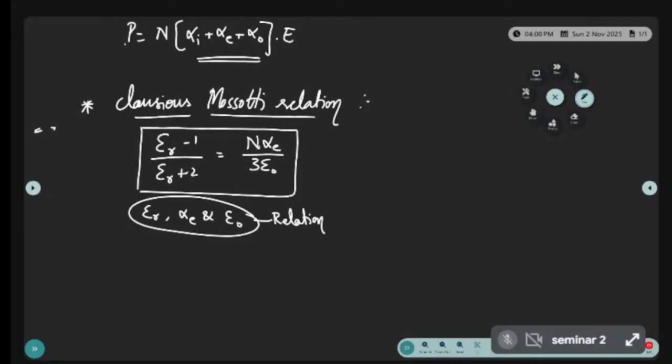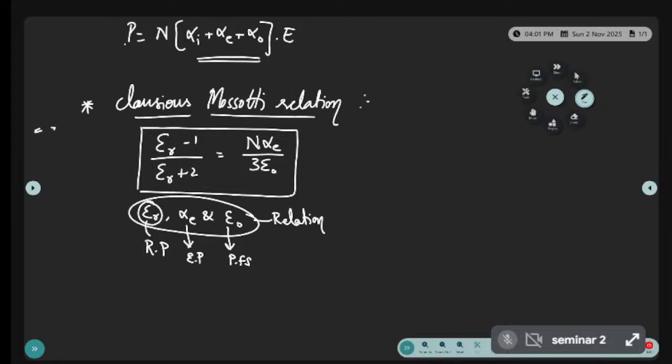What is epsilon r? Relative permittivity or dielectric constant. What is alpha e? Electronic polarizability. What is epsilon naught? Permittivity of free space. Write or derive the relation between relative permittivity, electronic polarizability and permittivity of free space.